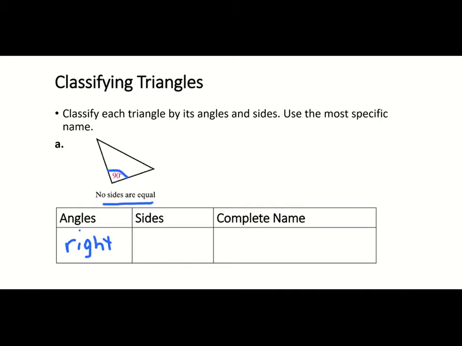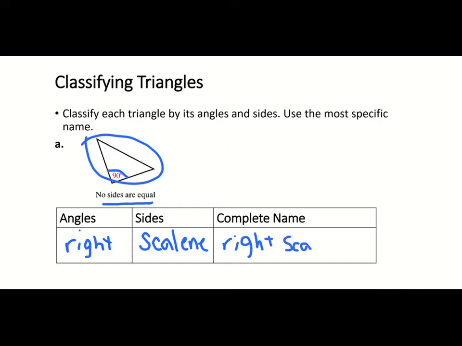And if we saw this triangle as it was and they didn't mark anything, then we would automatically go with no sides are equal. And if no sides are equal, it is a scalene triangle. So then the complete name would be a right scalene triangle.